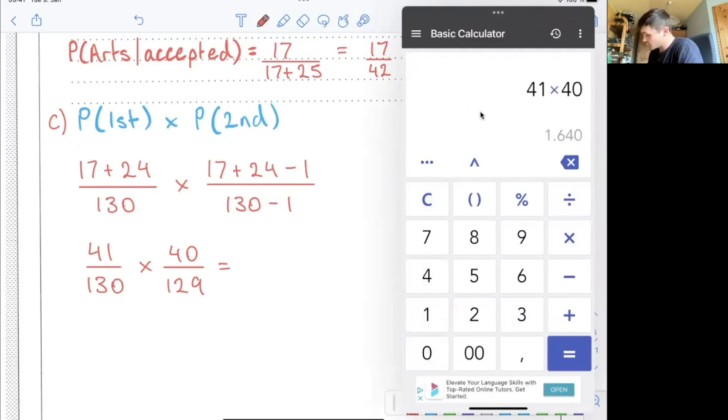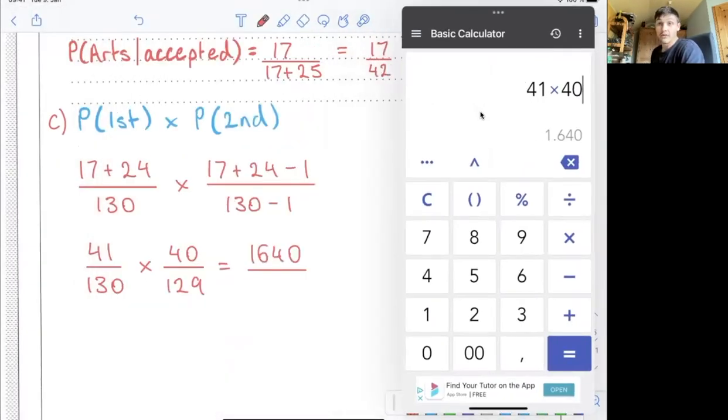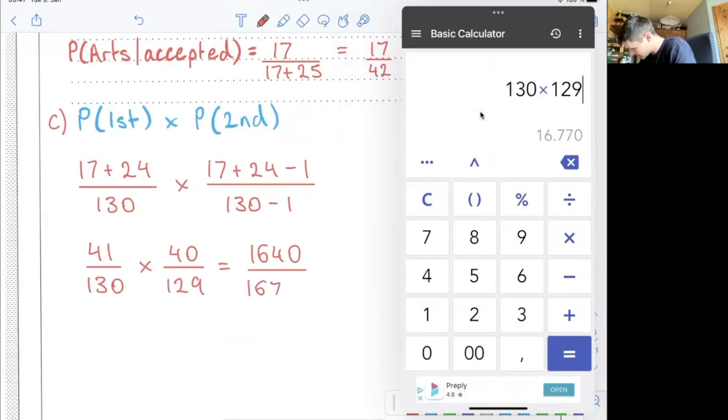We could just find the product of our numerators, which is going to be 1,640, and divide that by the product of our denominators, which will be 130 times 129, which gives us 16,770.